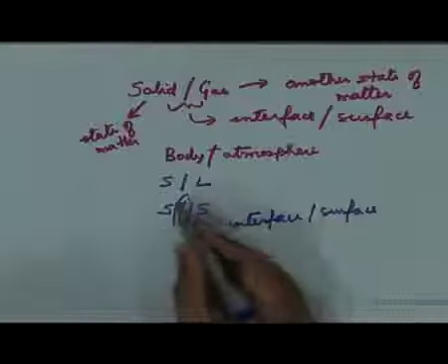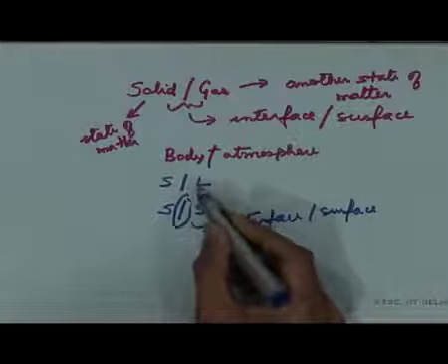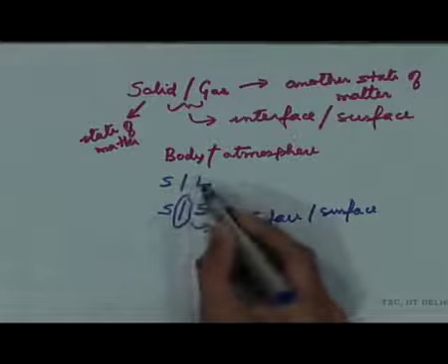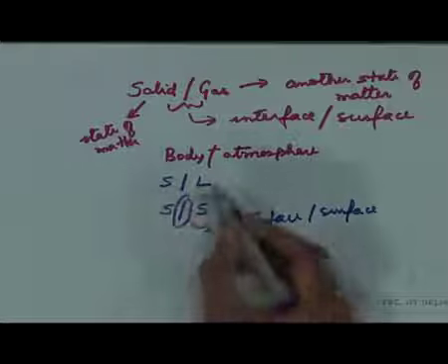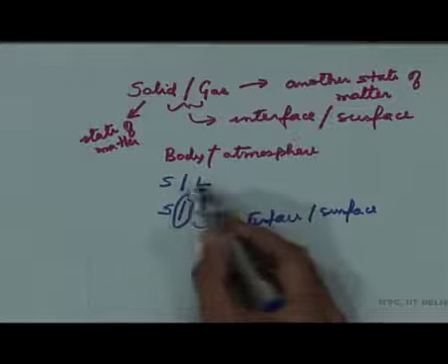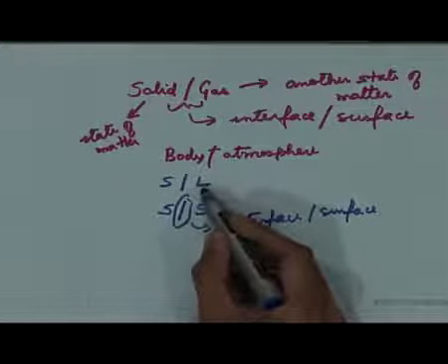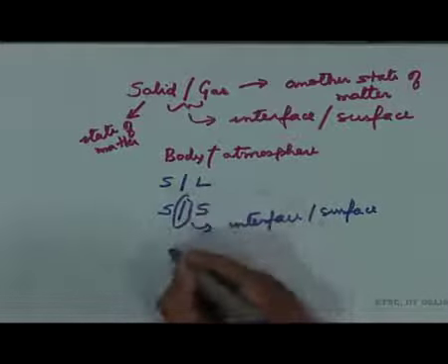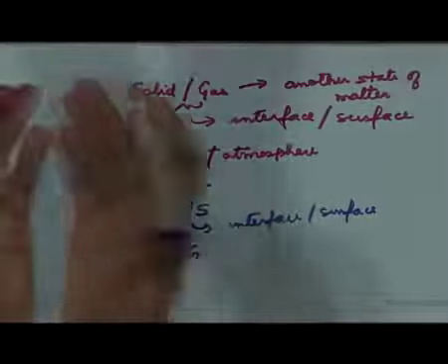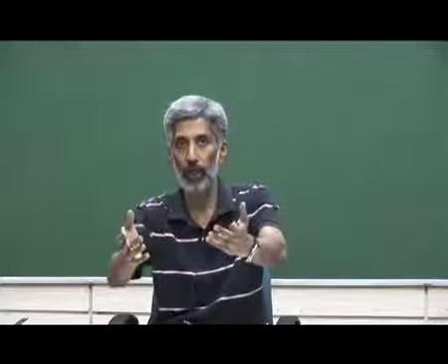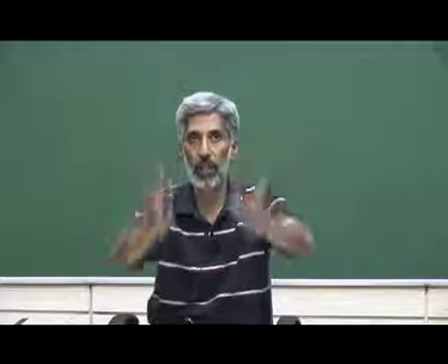Similarly, I am not talking about liquid solid, because if I have a solid liquid interface, obviously I would have a liquid solid interface, the only difference being which is the one that we are giving importance to. You could then have also a liquid gas interface. Any time you have a container in which you have a liquid in contact with the atmosphere, then I have a liquid gas interface.